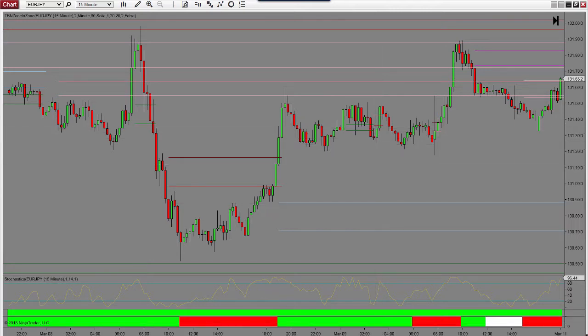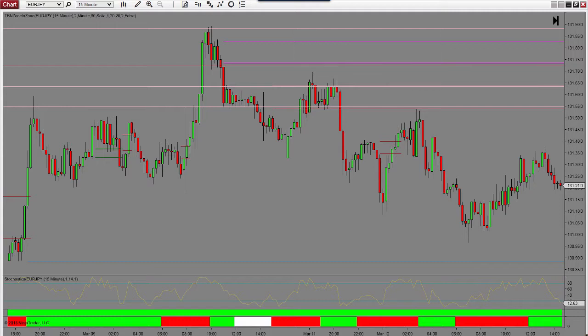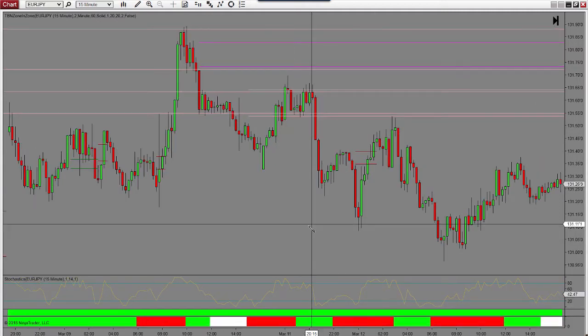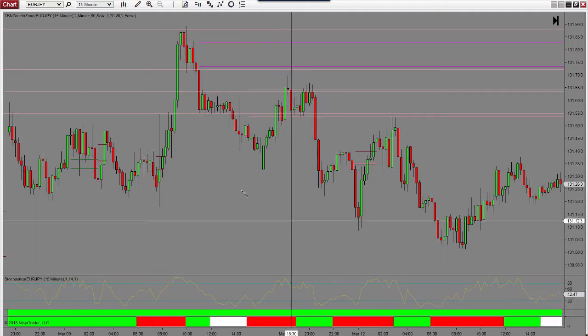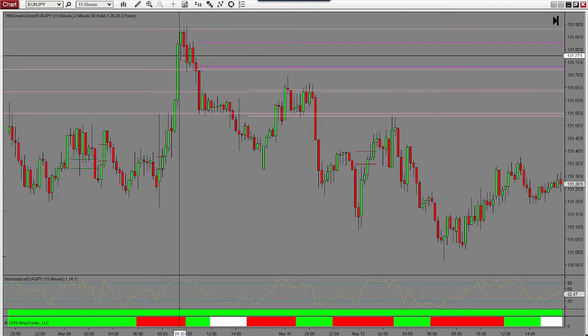Okay, no trade there. Getting some nice movement out of these higher time frame zones.